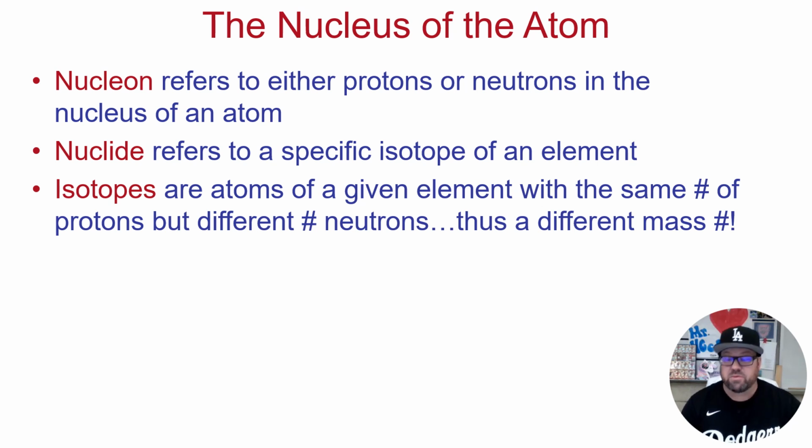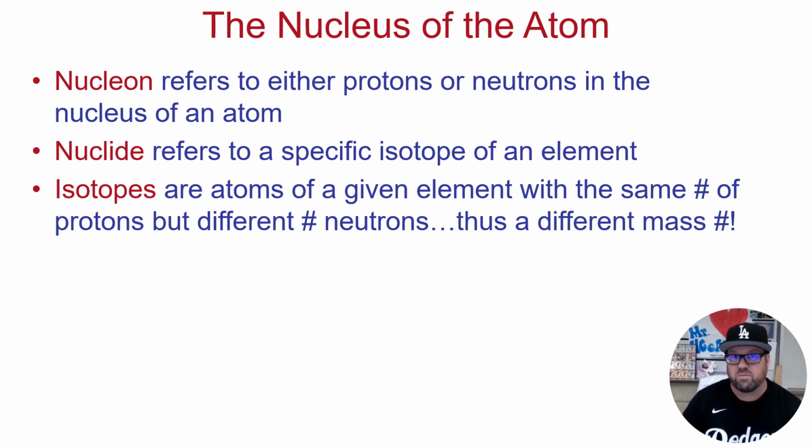We have isotopes, which we've covered already. So in my class, you should be familiar with this term. But the isotopic notation is going to be an important aspect of understanding nuclear chem. It's a little bit unique for nuclear, but isotopes are atoms of a given element with the same number of protons but different number of neutrons, thus a different mass number. And remember, mass number is important in nuclear chem because some isotopes of certain elements are unstable.